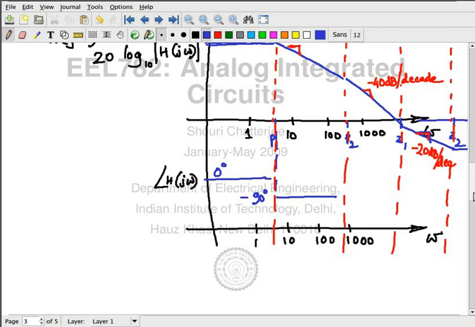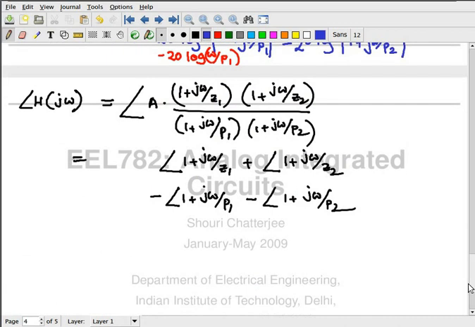Now, when omega is much greater than P1 and P2, but still much less than Z1 and Z2, then the bottom two terms contribute, the top two terms don't contribute. You get minus 90 from the first one, minus 90 from the second one, you get net minus 180 degrees. That's it.